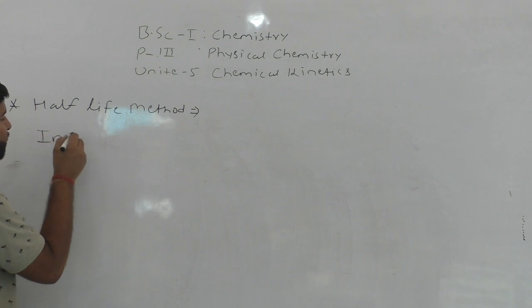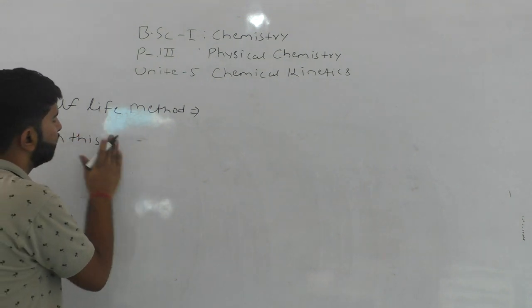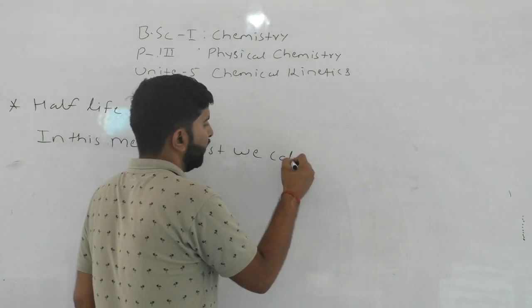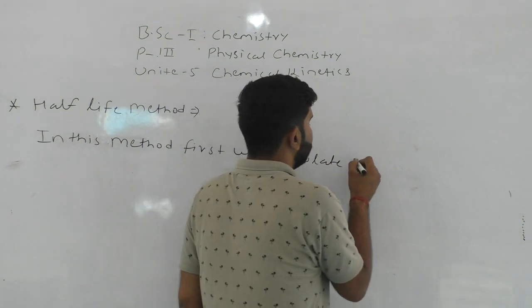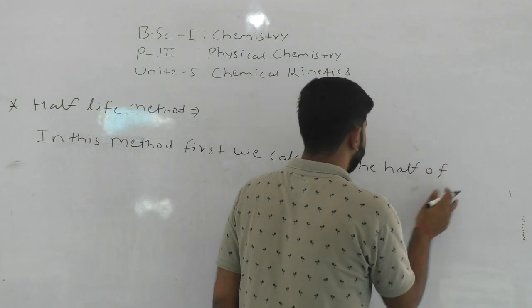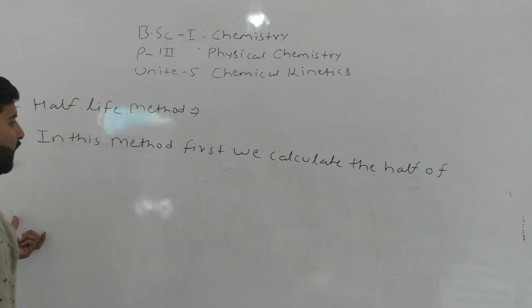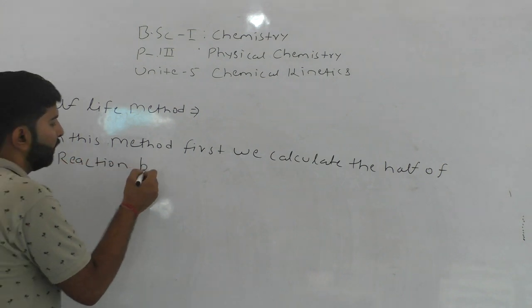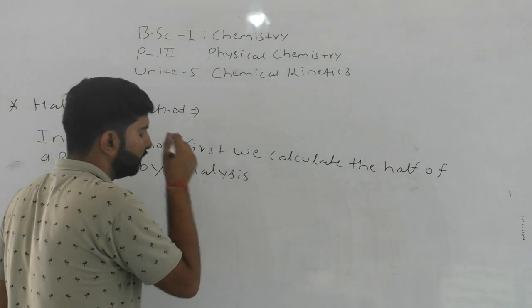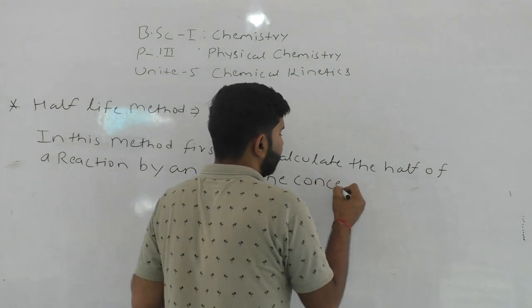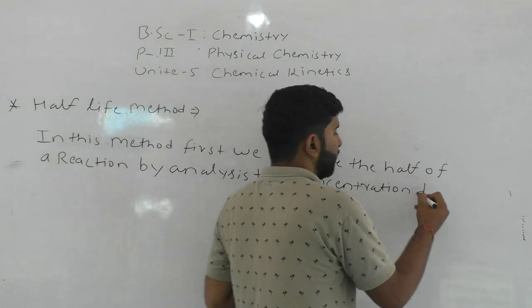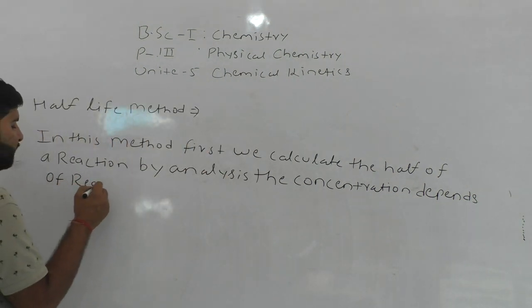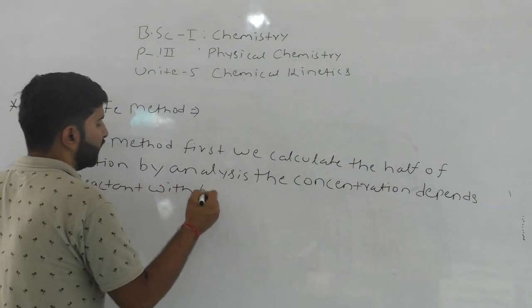In this method, first we calculate the half-life of a reaction by analyzing the concentration dependence of reactant with t half.